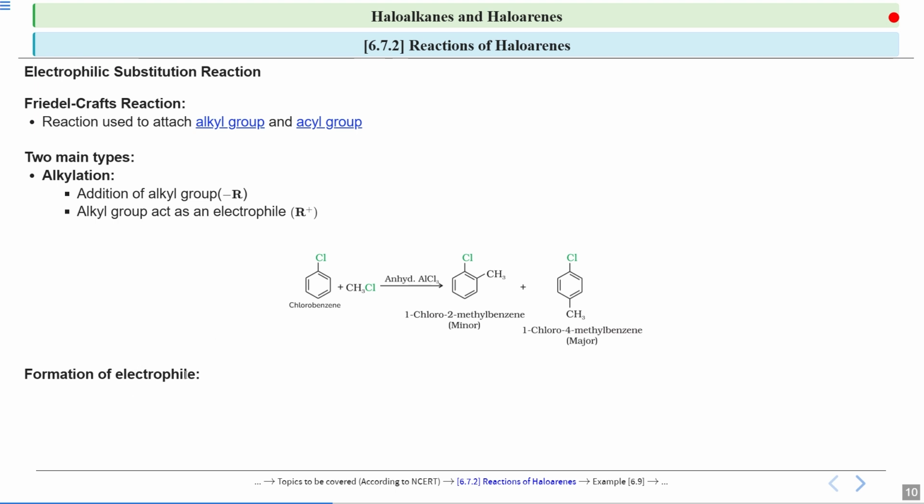The formation involves the reaction of methyl chloride, the alkyl halide, with AlCl3. AlCl4 negative forms as an anion and CH3 positive as a cation, which we take as an unstable electrophile, which attacks the benzene ring to form a bond with it, and gives you the major and minor products respectively.